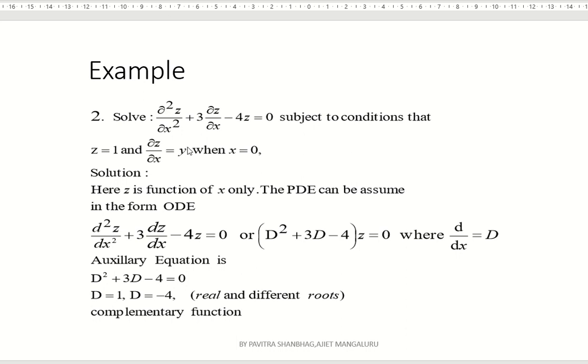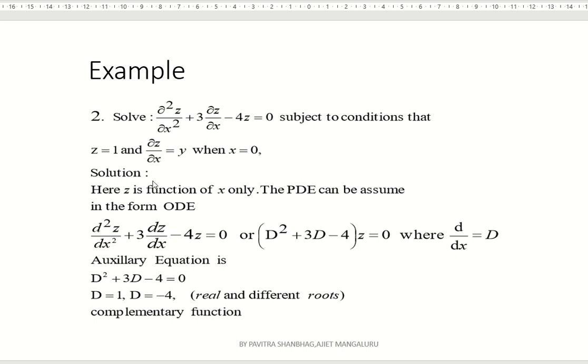Dou square z by dou x square plus 3 dou z by dou x minus 4z equal to 0, subject to the conditions z equal to 1 and dou z by dou x equal to y when x equal to 0. Now first we have to check whether z is a function of a single variable or two variables. Clearly we can observe z is a function of a single variable, that is x.